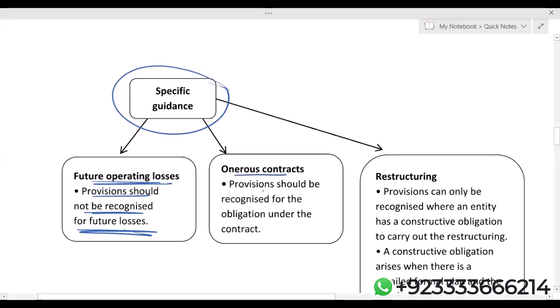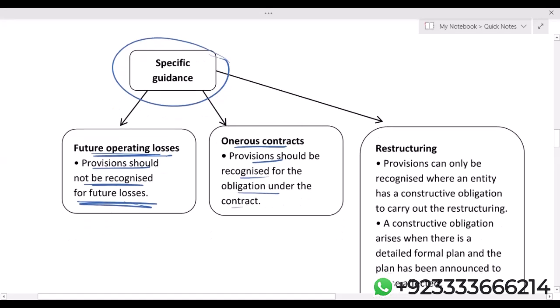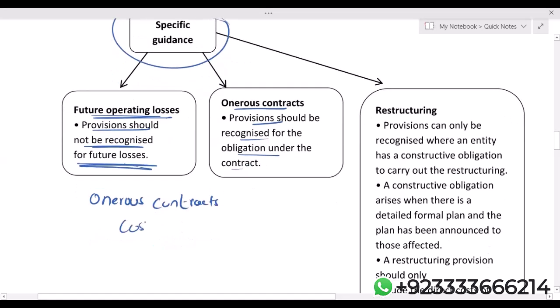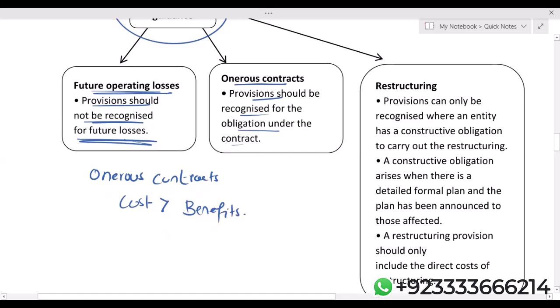Onerous contract: a provision should be recognized for the obligation under the contract. Onerous contract means where the cost of fulfilling the contract is more than the benefits. Then according to IAS 37, in case of an onerous contract, obviously you have to recognize the provision.